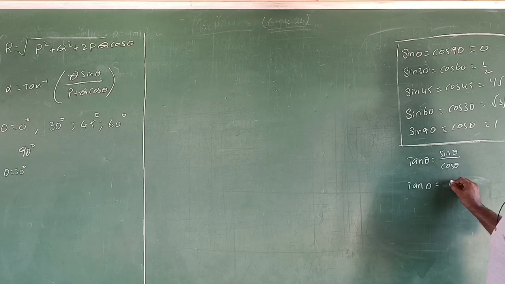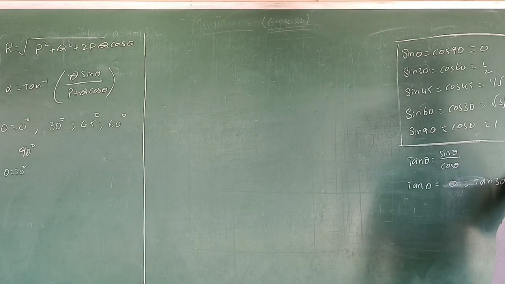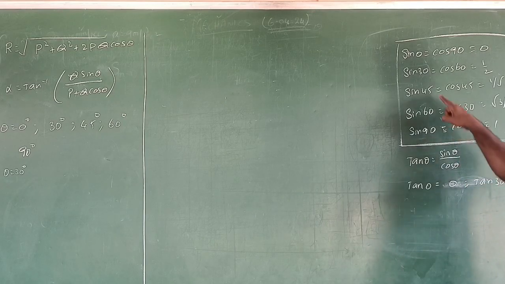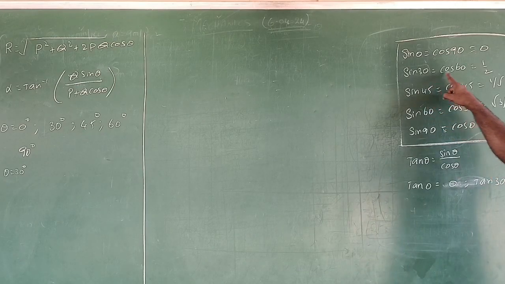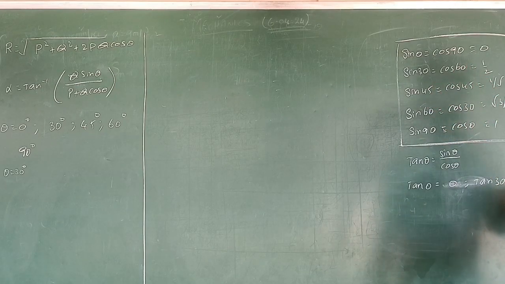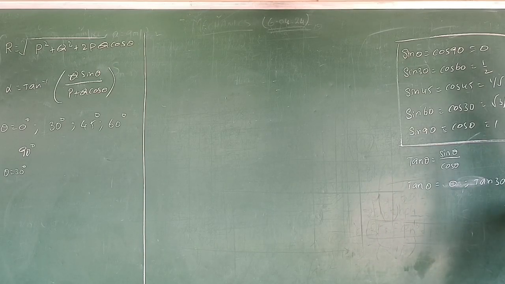Tan 30 means sin 30 by cos 30. Sin 30 is 1 by 2. Cos 30 is how much? Root 3 by 2. So denominator 2 will get cancelled. So what is remaining here is 1 by root 3.